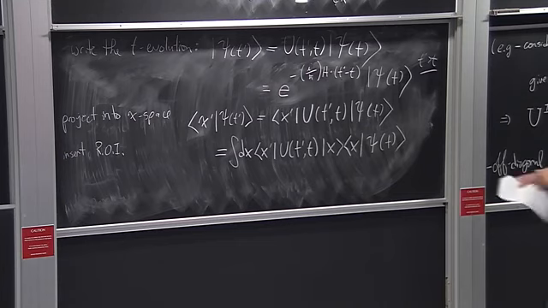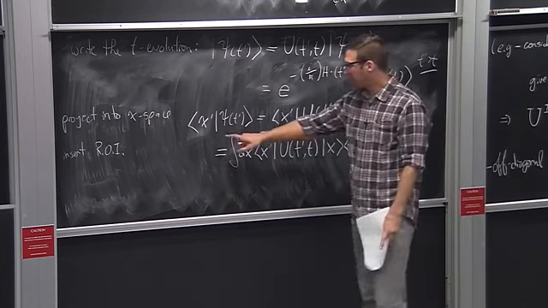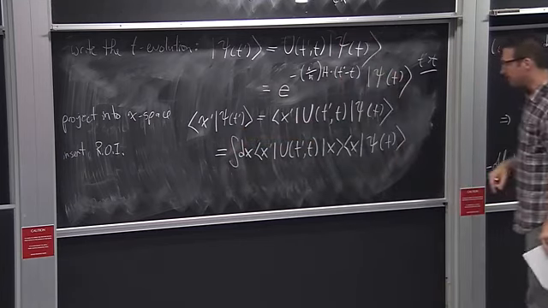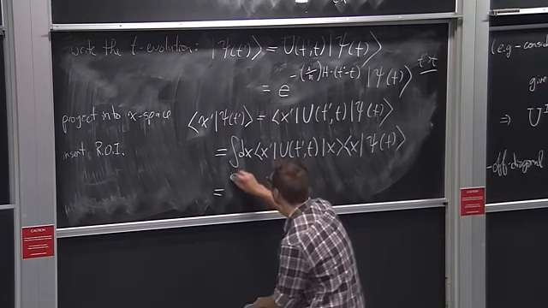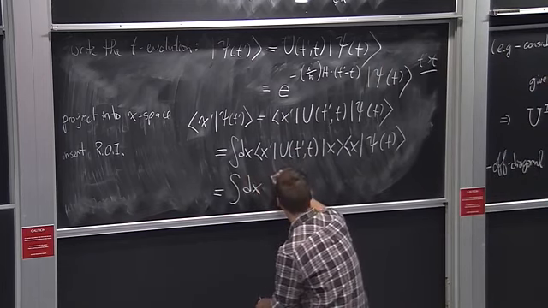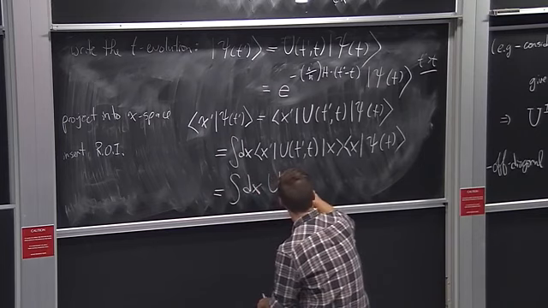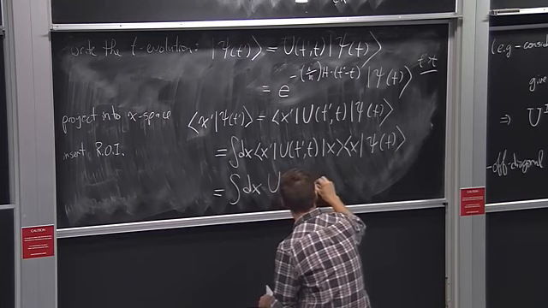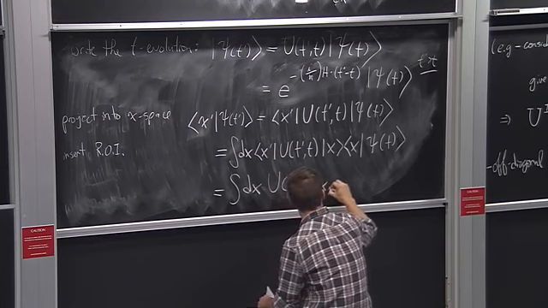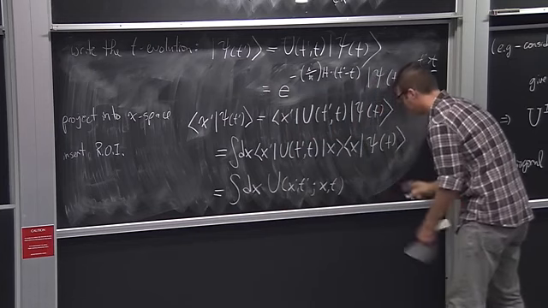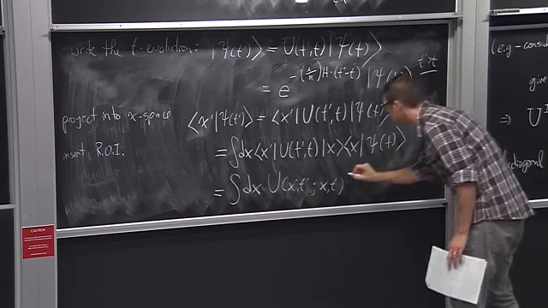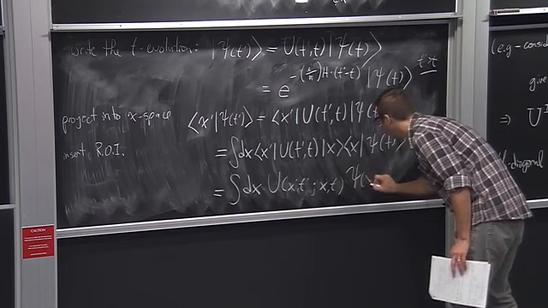So this object, which is a wave function at a later time and a later position, I'm just going to write as the integral over this matrix element. I've got to label x's and t's: x, t, that's a semicolon. And then this thing is just psi of x, t.